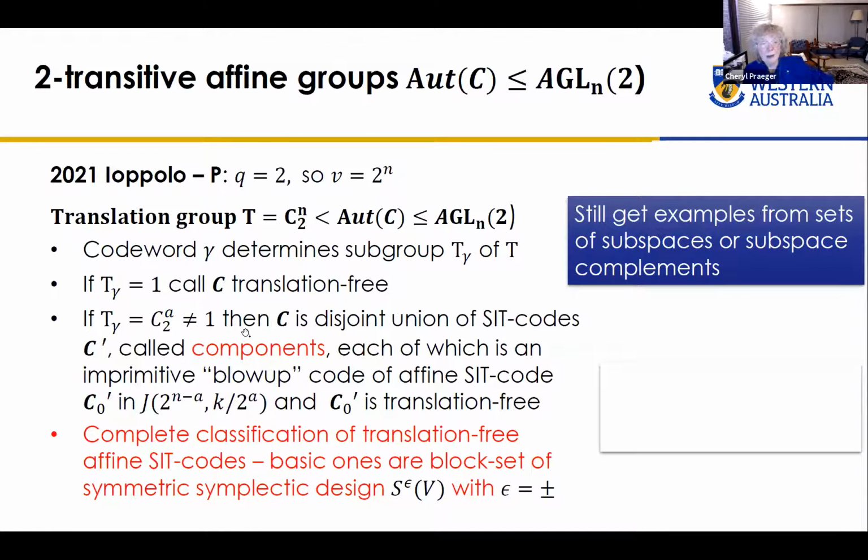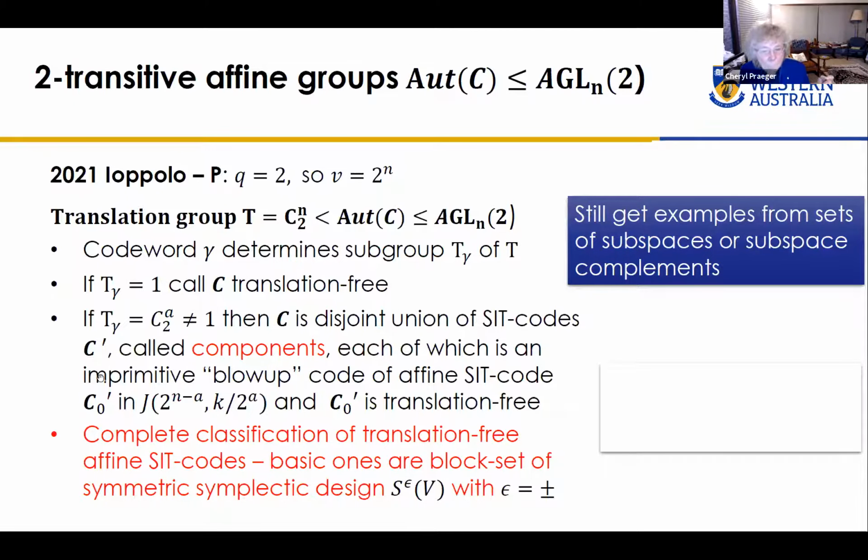And then Mark and I could prove in his thesis, we still haven't written the paper yet, that the code is a disjoint union of maybe just one, but in general, some number of smaller SIT codes, which we call components.